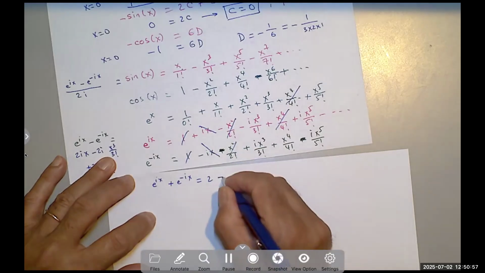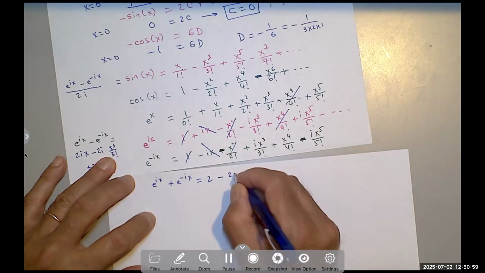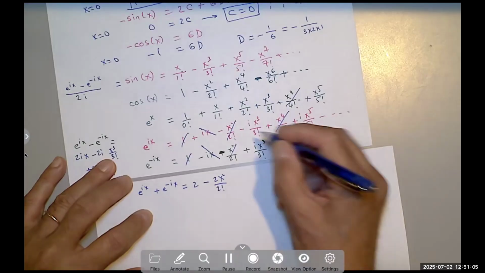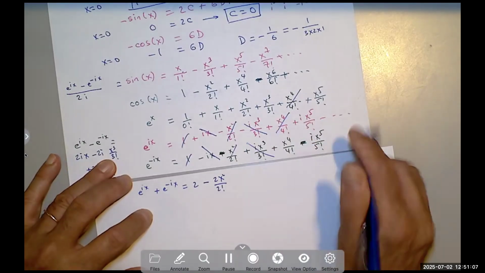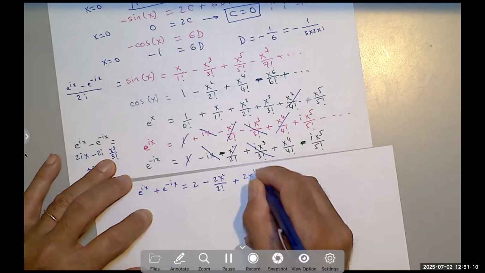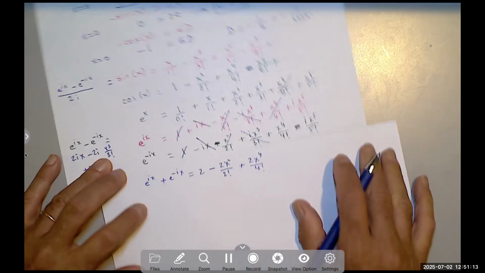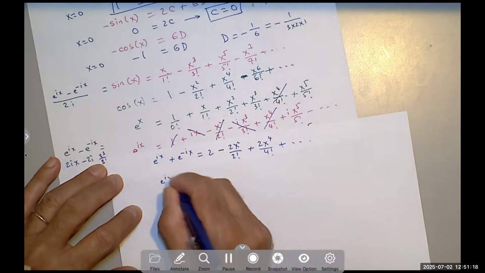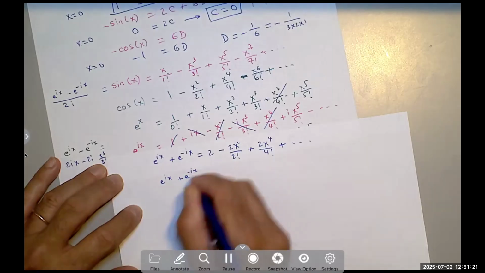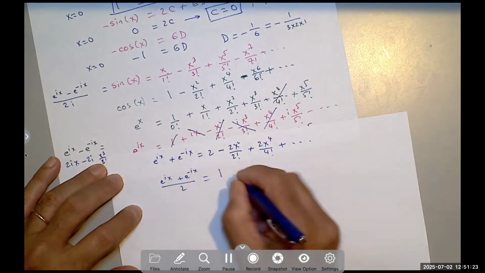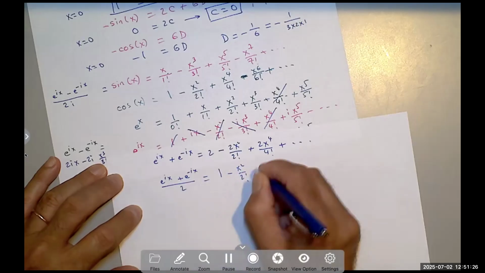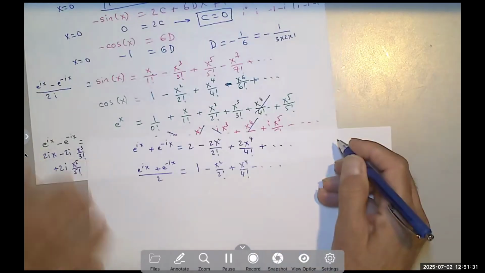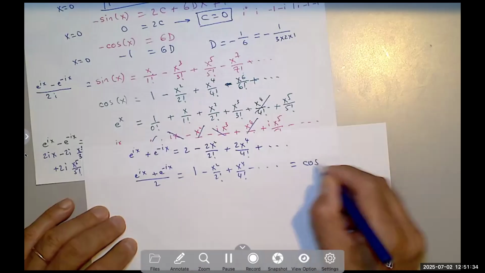And then I get negative 2x squared over 2 factorial. And then this and that, when I add them, they cancel. And then I get plus 2x to the 4 over 4 factorial. So when I divide both sides by 2, I get e to the ix plus e to the negative ix over 2 equals 1 minus x squared over 2 factorial plus x to the 4 over 4 factorial minus blah, blah, blah, which is cosine of x.